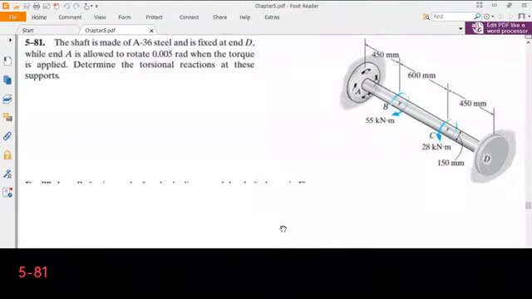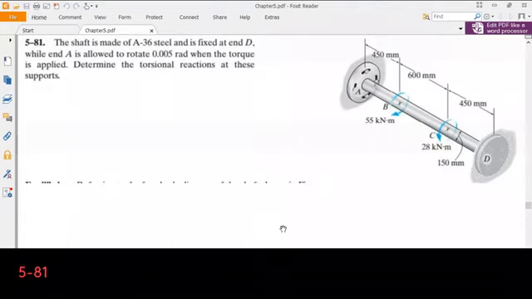Let's solve the problem 581. Question is like this: the shaft is made of A36 steel and is fixed at end D, while end A is allowed to rotate 0.005 radians when the torque is applied. Determine the torsional reactions at these supports.